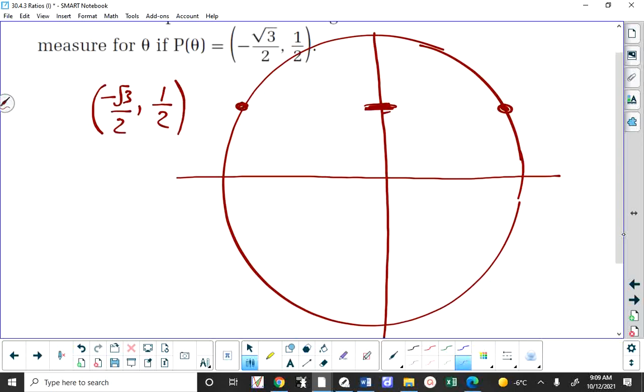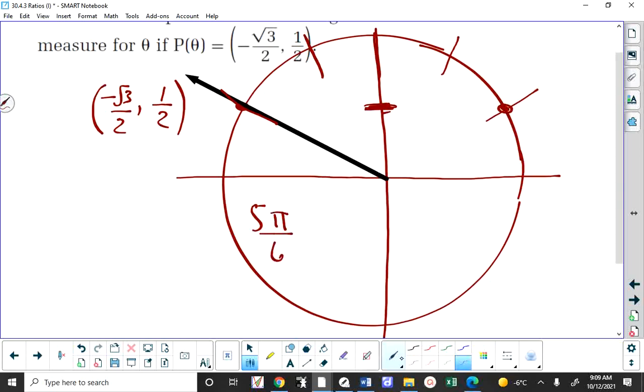So the question is now asking you, if this is the terminal arm, what are two different ways to get there? When I say what are two different measures or possible measures for theta, I'm saying how can you get there? One of the ways I can get there is to go 1, 2, 3, 4, 5 pi over 6.